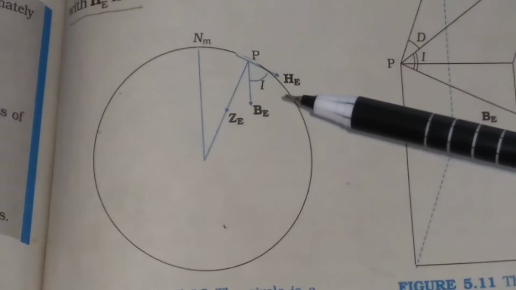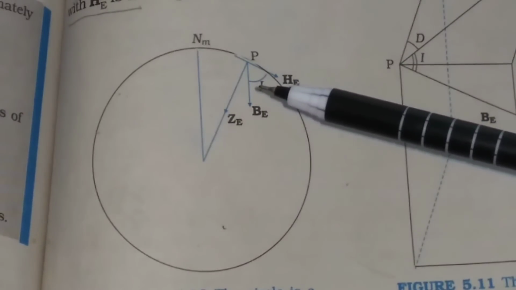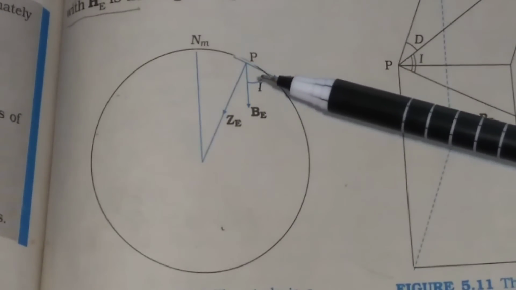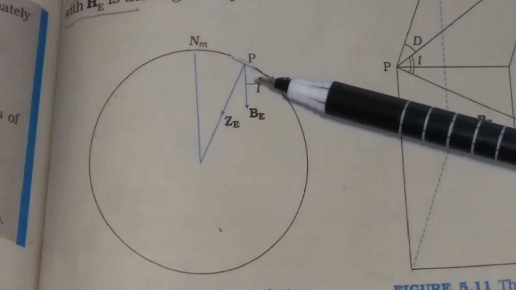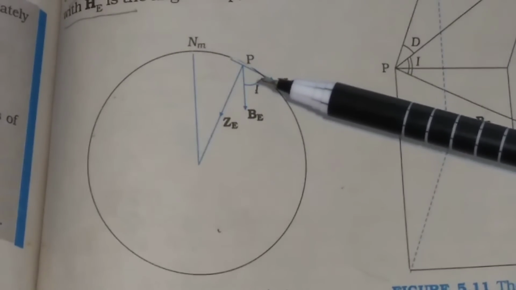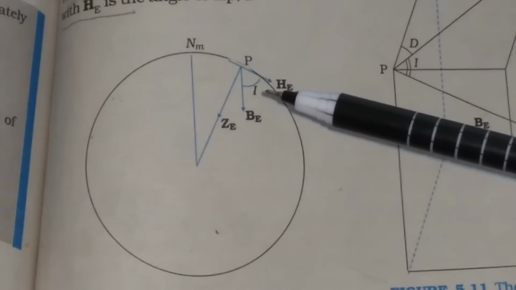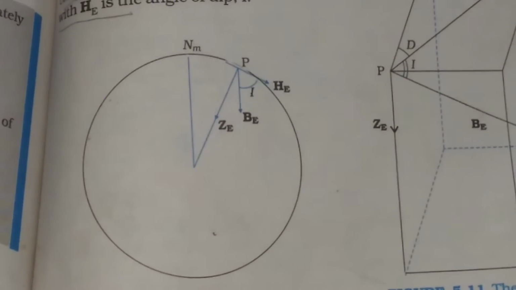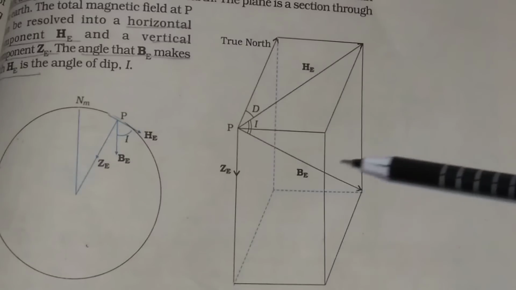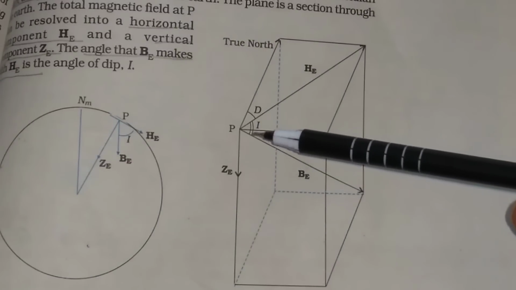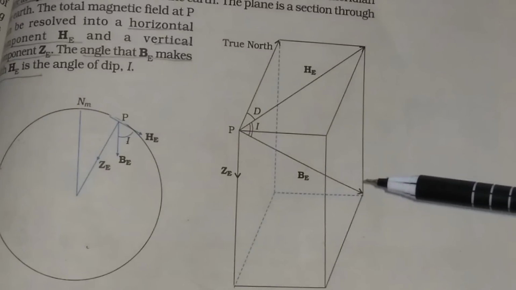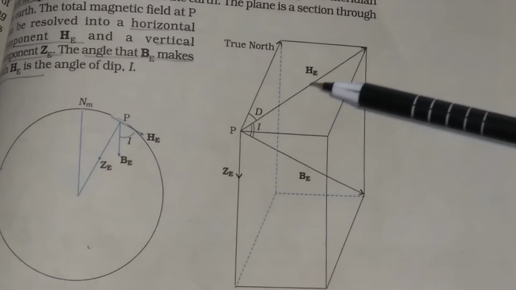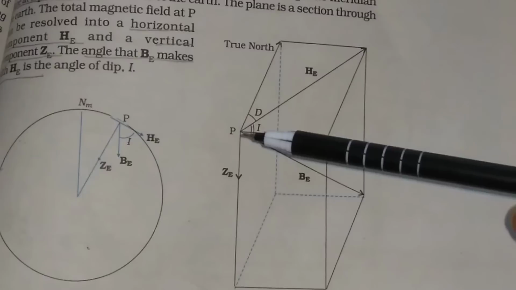Remember, the angle of dip is determined by the dip needle or dip meter, which is a compass pivoted to move in a vertical plane containing the magnetic field of the earth. You see in this figure, this is the total magnetic field of the earth, BE, this is the horizontal component, and this is the vertical component.